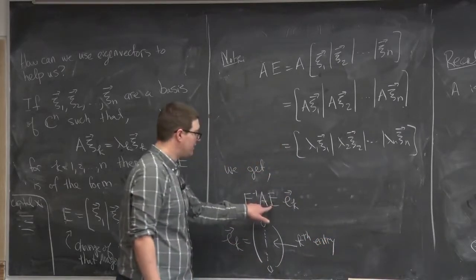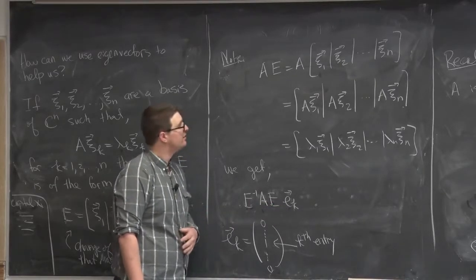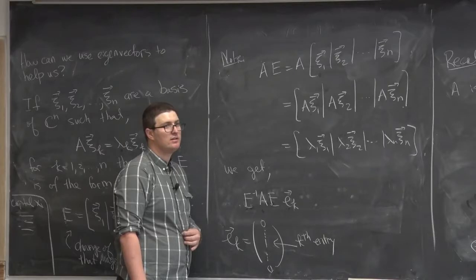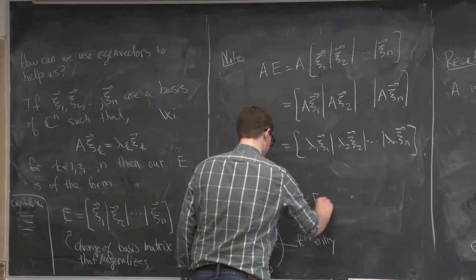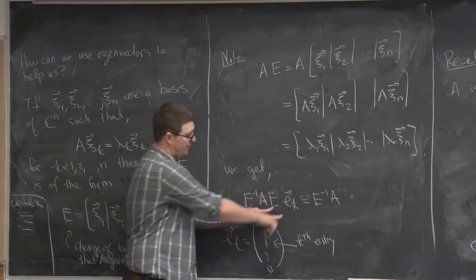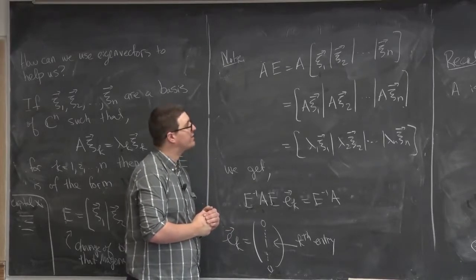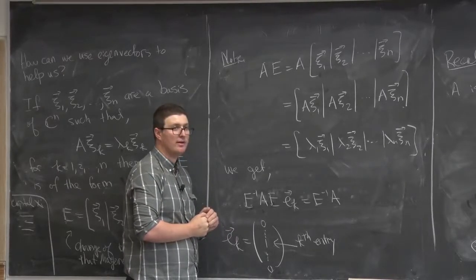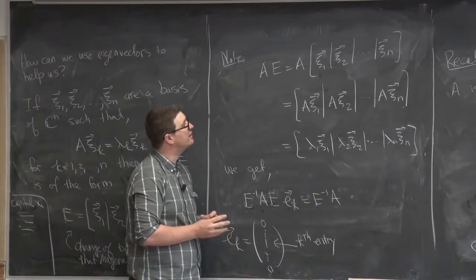So what is E times e_k? What is just this part? This will be E inverse A times something. What does this thing pick out of the matrix E?